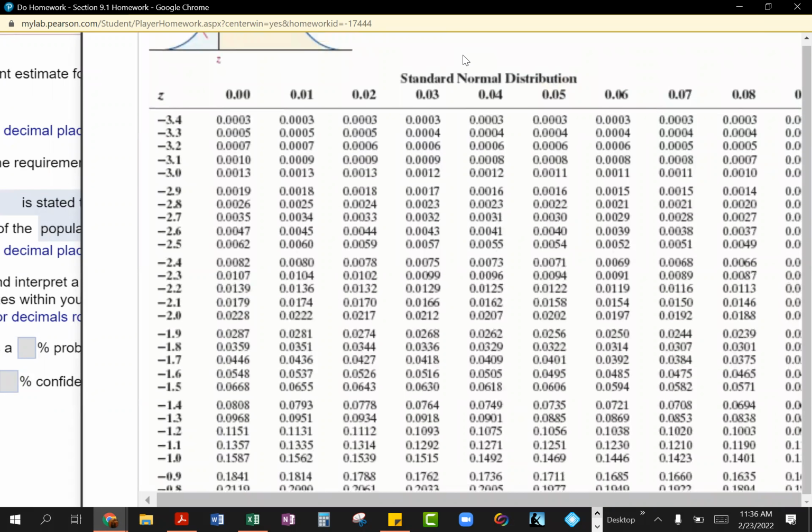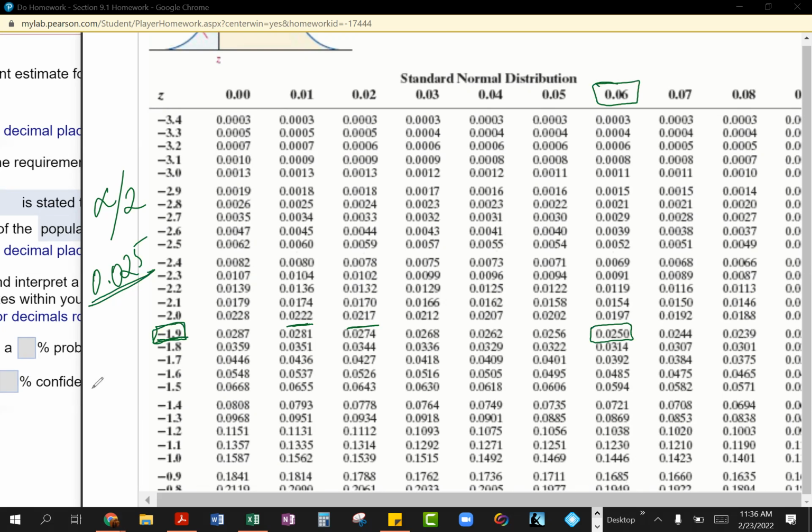So once you find that alpha divided by 2 value of 0.025, that's your percentage, that's your probability. Now you have to figure out what the z value for that is going to be. So in the body, we need to find 0.025, and I can see the 0.02s over here. And there we go, 0.025.